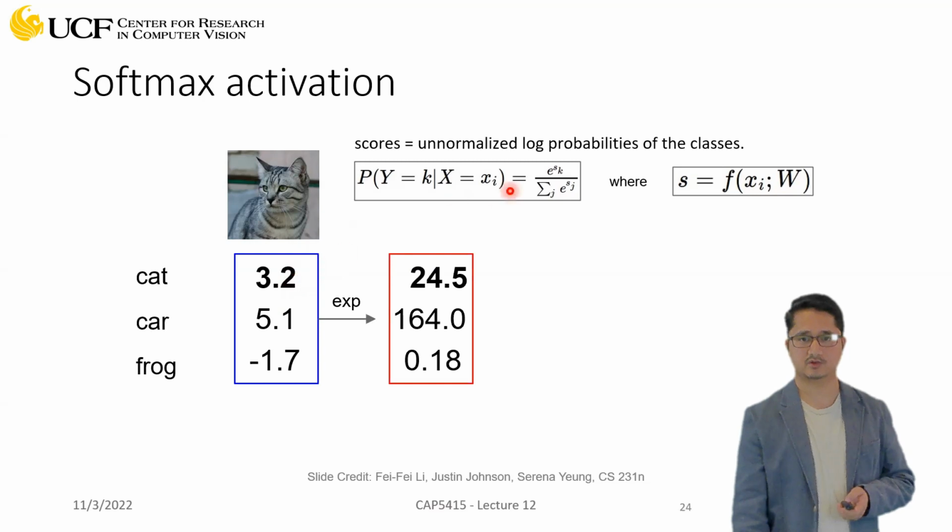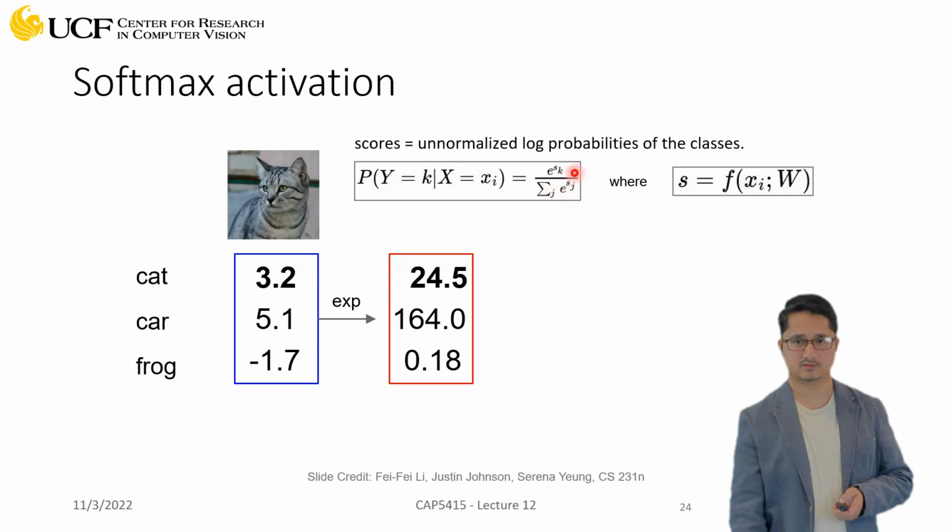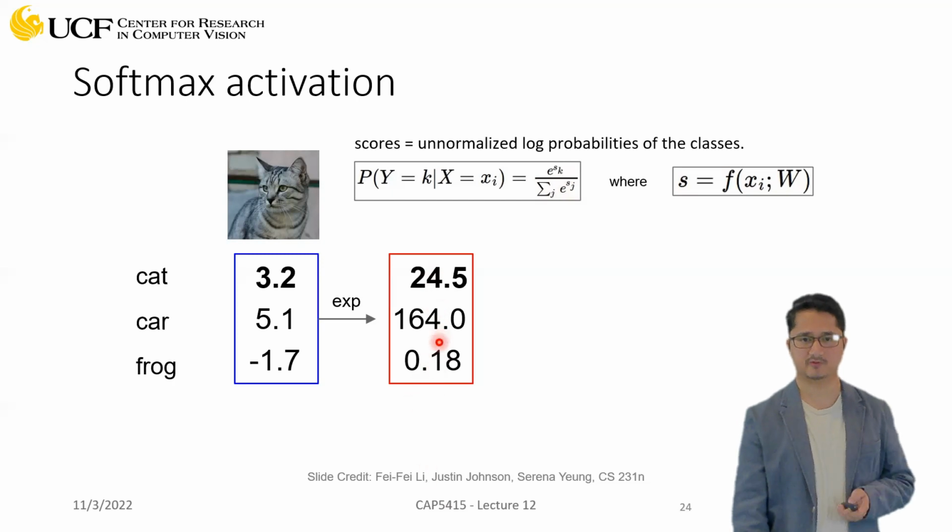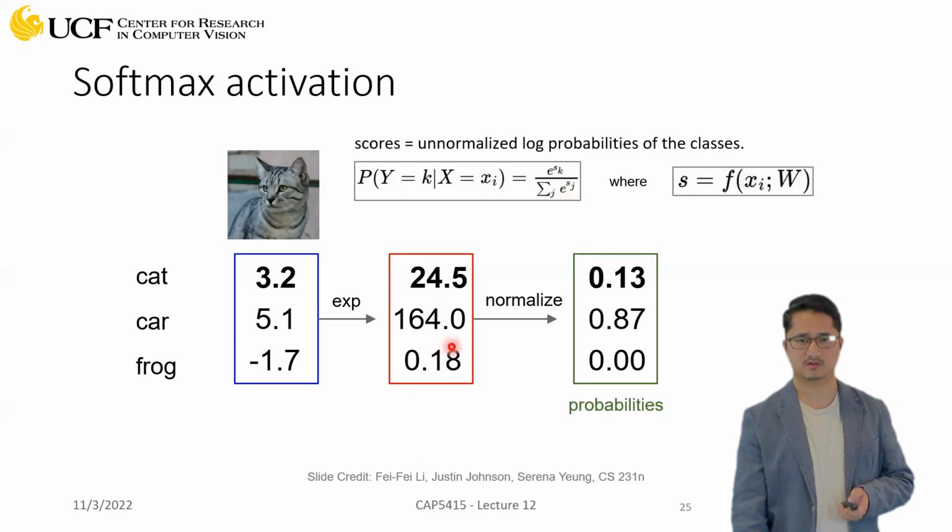The first step, you compute the exponent because we need that. So you just compute the exponent values. Second step is you need the summation of all these for the denominator. So you can just add these values, which will give you something like 190 or odd. And then, for each class, whatever exponent you have, you divide by that number.